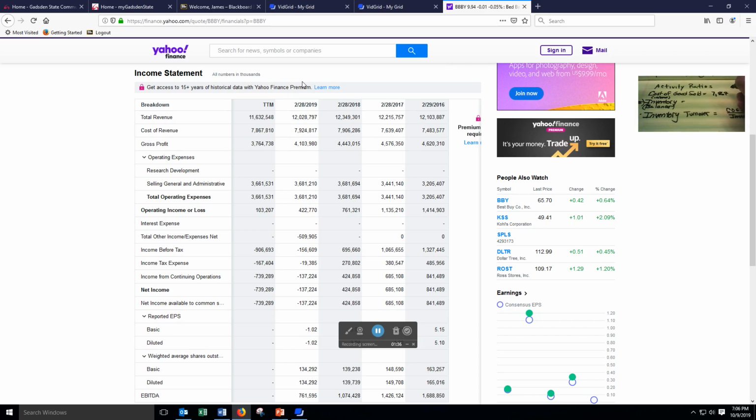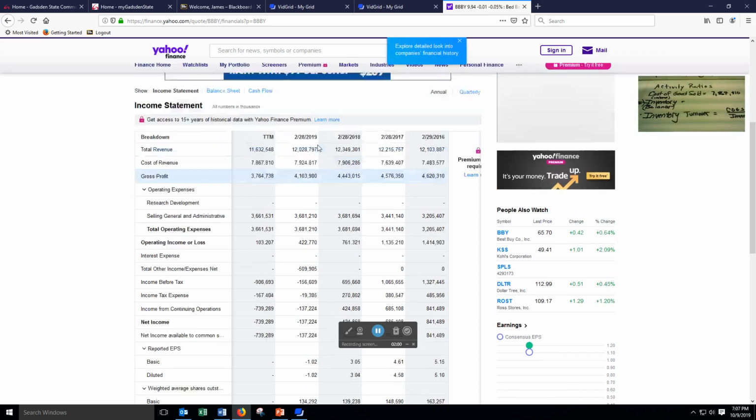The cost of goods sold was $7,867,810. And then we need to get their inventory. Now that's going to come off the balance sheet. So we're on the income statement, and we're going to go to the balance sheet.